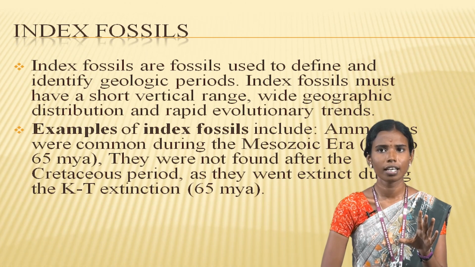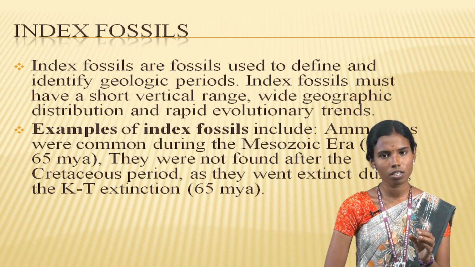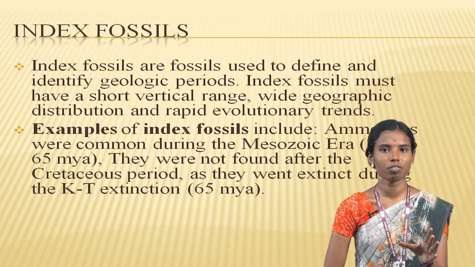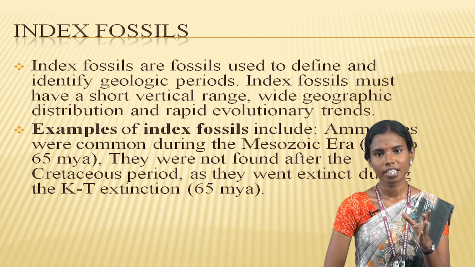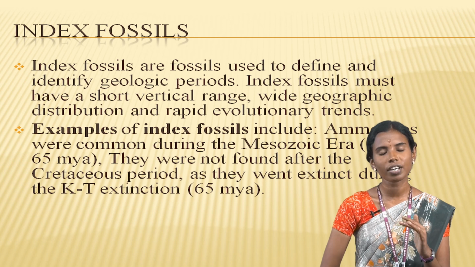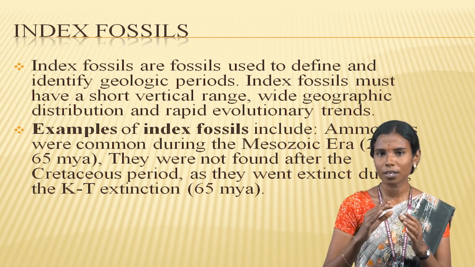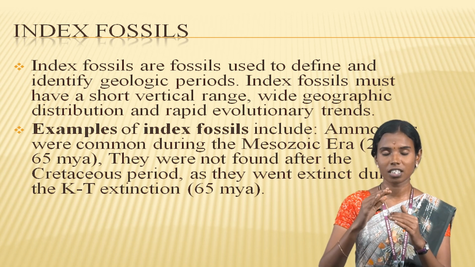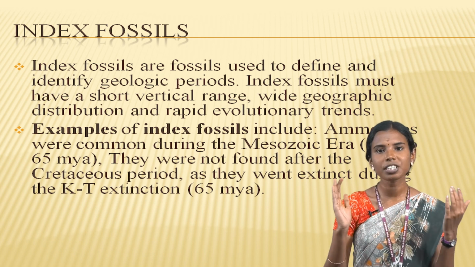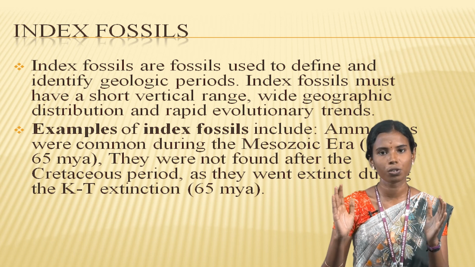Next we will see about the index fossil. The index fossil is the most important term or feature in stratigraphy itself. So what is an index fossil? It's a fossil which has a short vertical range. Short vertical range means a short time gap. It must be present within a certain time period and it must have wide geographic distribution all around the world.